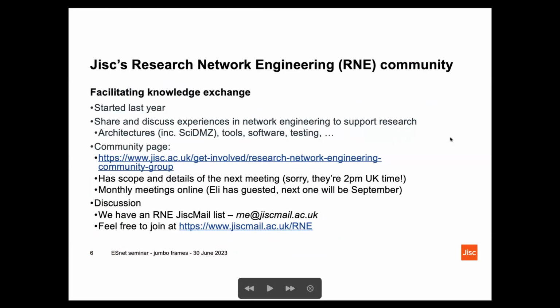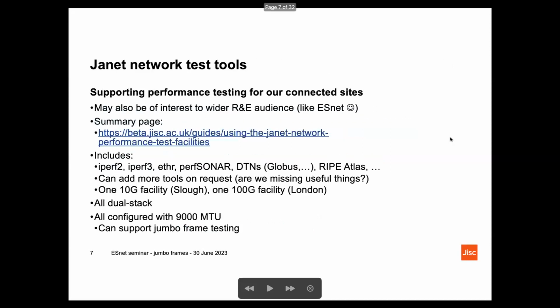So we have some discussion on a mail list that you're welcome to join at the foot there, and we have a monthly get together, a bit like this call, where someone will talk about something, maybe a project they're doing, how they're moving the data around, how they're engineering things on their campus, and we'll chat about topics. So you're welcome to join that in the list, but obviously it's 2 p.m. UK time, so maybe not so ideal for many of you.